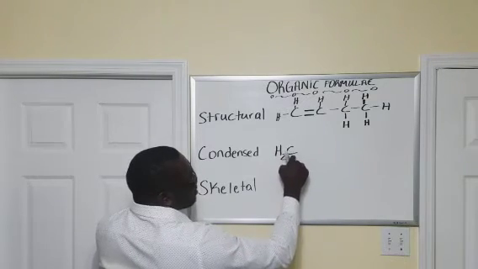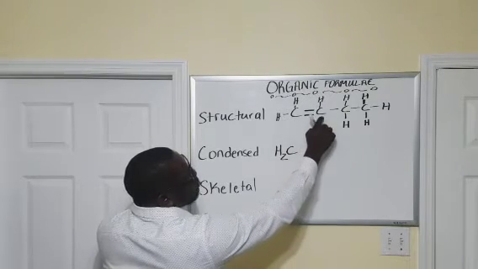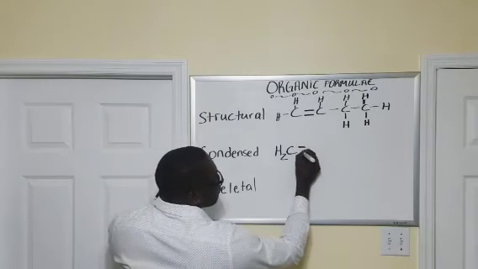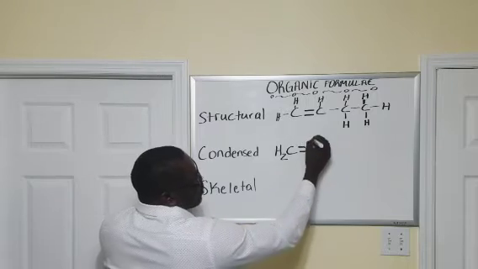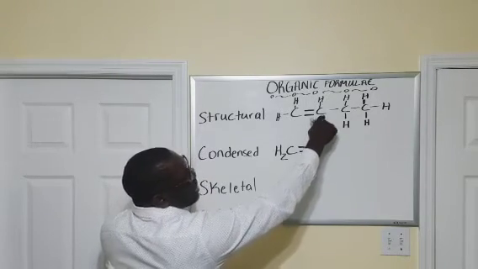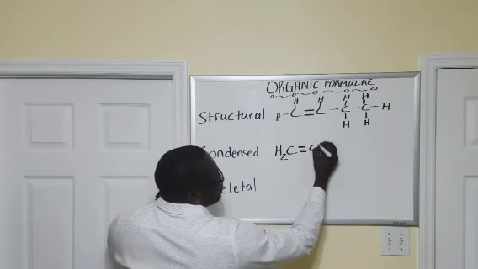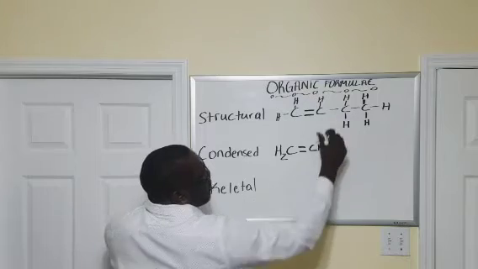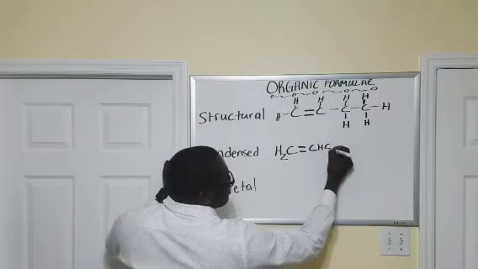Then this carbon is also bonded to this carbon, but it's a double bond, so I need to put my double bond in. And so then I write the next carbon. This carbon is bonded to that hydrogen, so I put an H there. But it's also bonded to this other carbon, so I put that C right there.